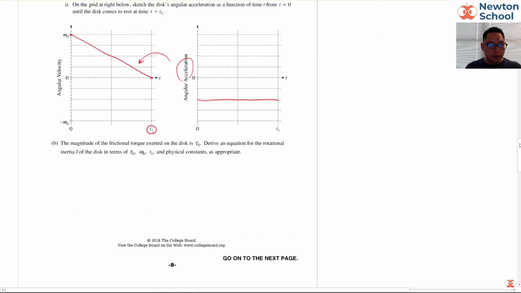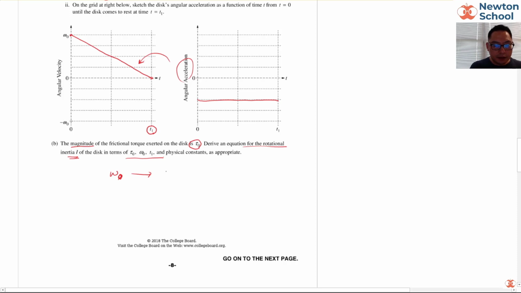Now, the magnitude of the frictional torque exerted on the disk is T naught. Derive an equation for the rotational inertia I of the disk in terms of the variables. So let's think about how you're going to relate them. What I know is you had initial omega naught, and eventually this becomes 0, which is omega final, after time t1.